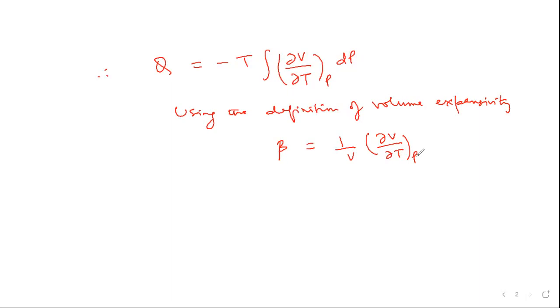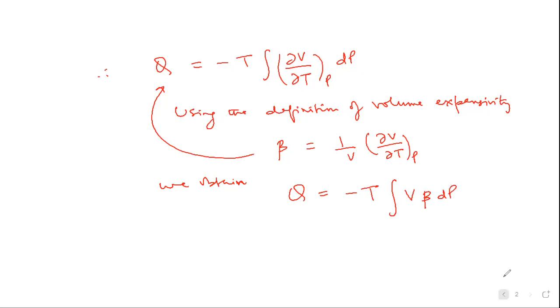So if we use this definition of volume expansivity here, the equation for heat we obtain is Q equal to minus T integral V beta dP.